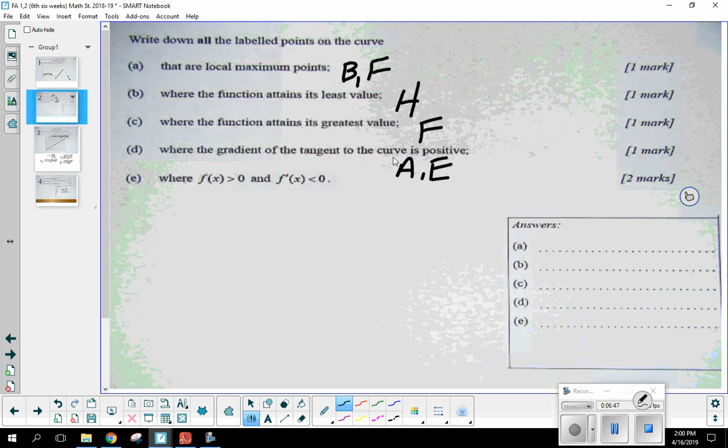Okay, and then we have our last one here, where f is greater than 0 and f prime is less than 0. Do you guys want to try this on your own? I'll give you 30 seconds and then we can do it together. Kind of give you the opportunity. Where f is greater than 0, but the derivative is less than 0.